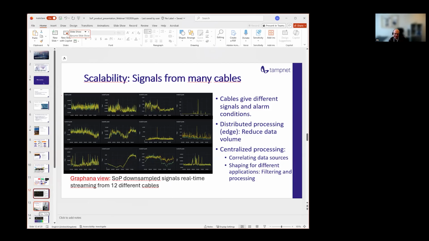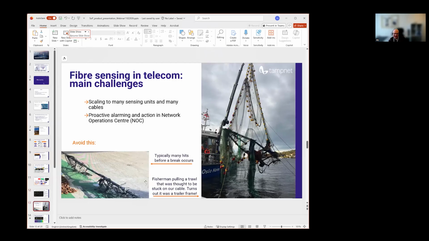But so far we have also been able to store all the data from all the nodes centrally. But if you have many nodes and years are passing, it will require many terabytes of data storage. So the main challenge is scalability and the proactive, reliable alarming to an operation center if you want to do this type of surveillance of your cables.